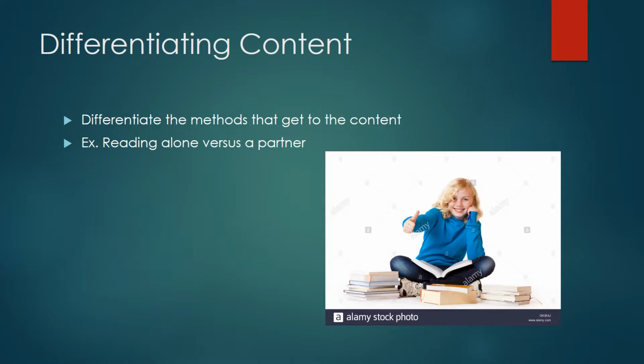For example, if we're reading a book as a class, not just saying, let's do popcorn reading for the whole chapter, but maybe for the first half you do popcorn reading, and for the second half you allow an option for students to read on their own. So the method of how you read is varied, and maybe they feel better reading alone, or maybe they feel better reading popcorn style, and you're just giving them that option.